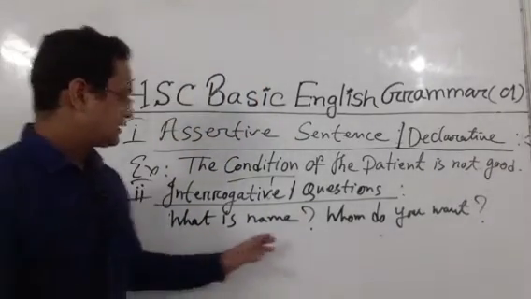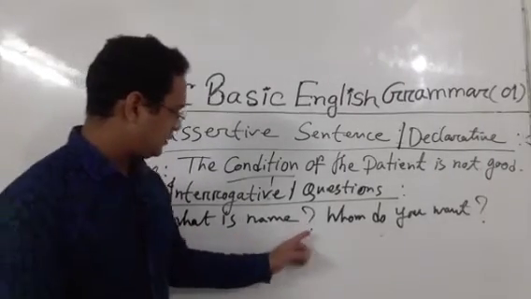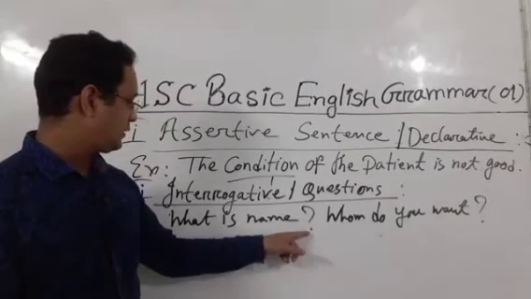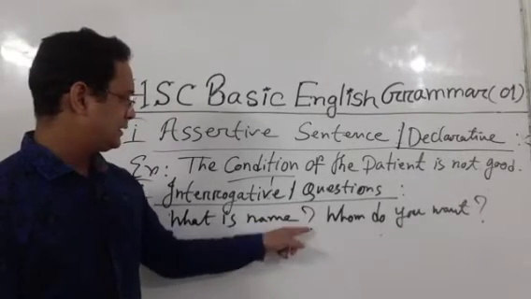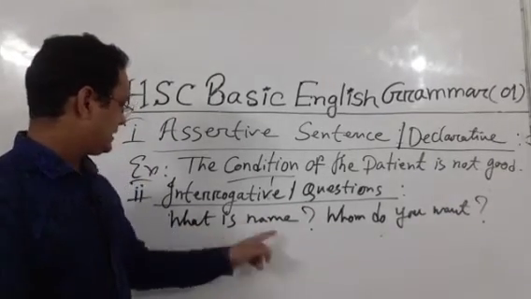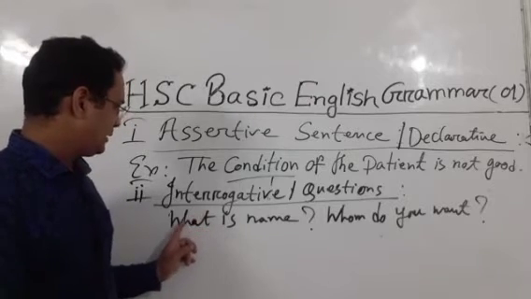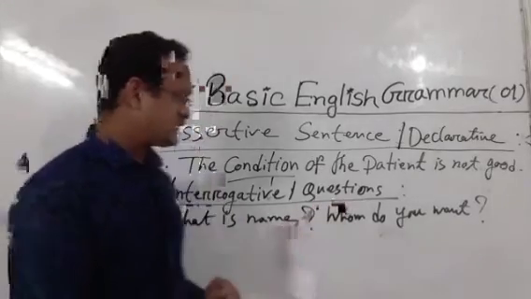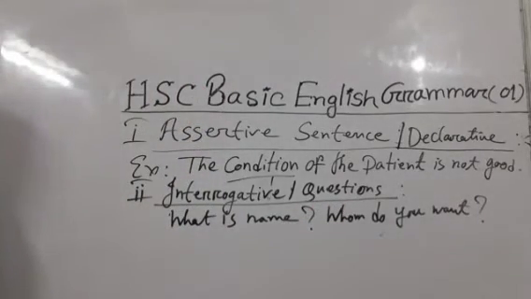Very easy. After the sentence, we use an interrogative sign instead of a full stop. This interrogative sign shows that it's an interrogative sentence. But how do we start an interrogative sentence? We can start an interrogative sentence in two ways. What are they?